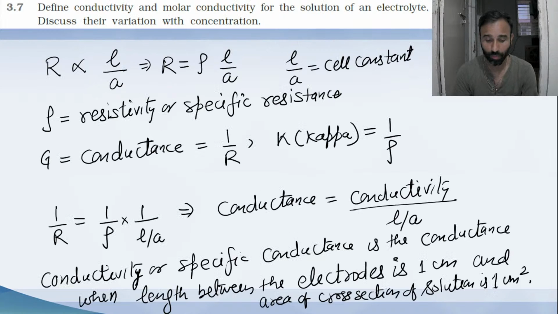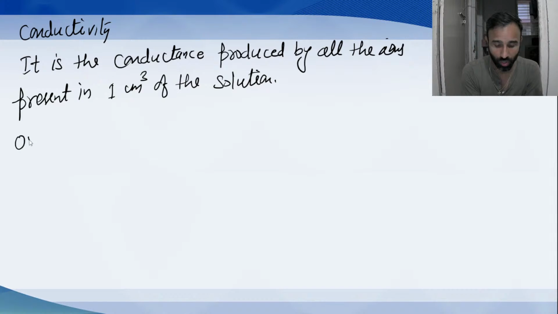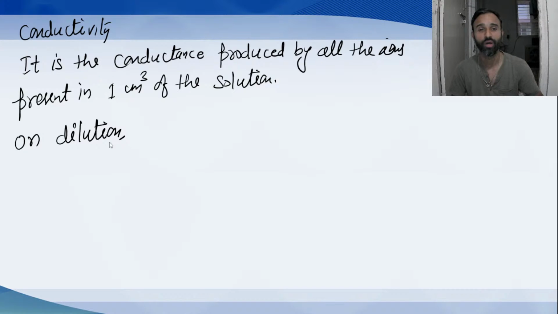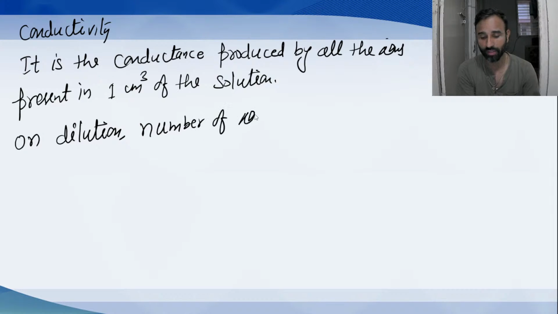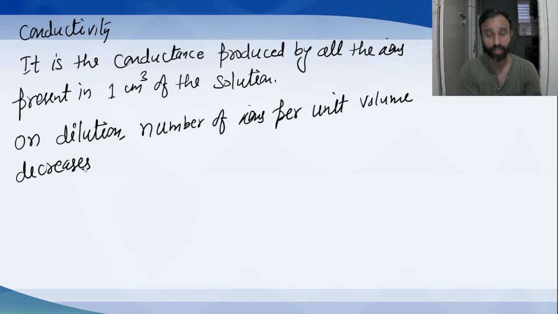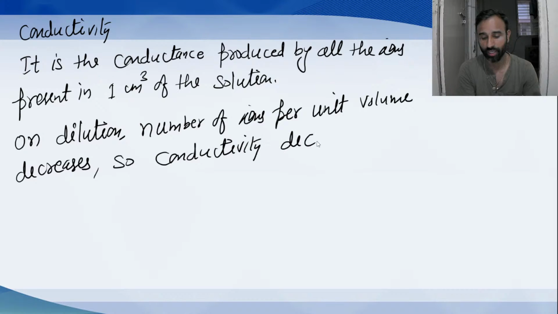And the second part is to discuss their variation with concentration. See, on dilution, what happens? If we dilute the solution, the number of ions per unit volume decreases. So obviously conductivity decreases on dilution.